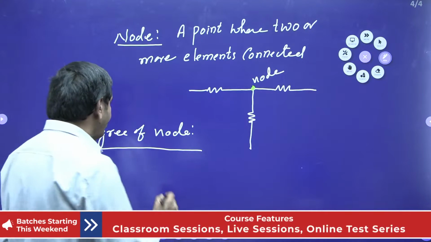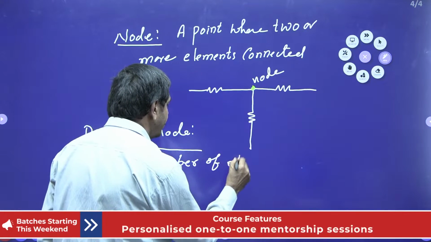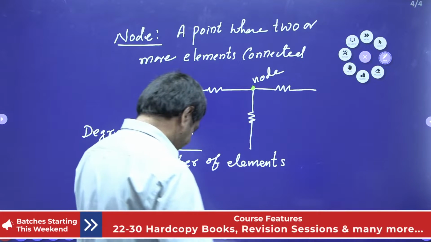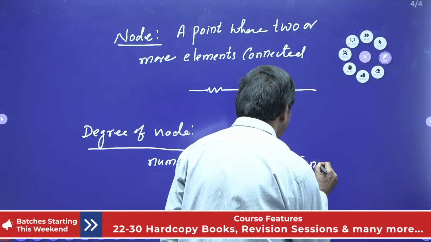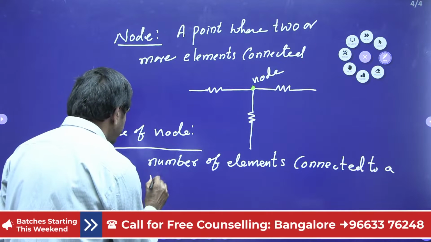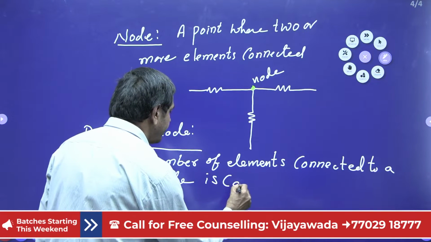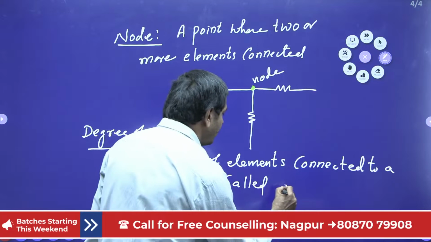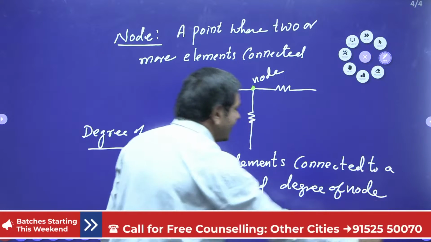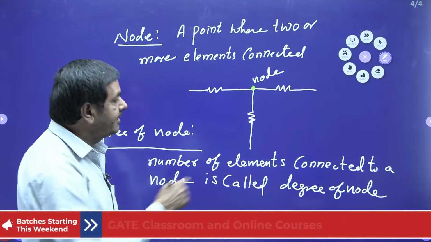The number of elements connected to a node is called the degree of the node. That is how you can define it.